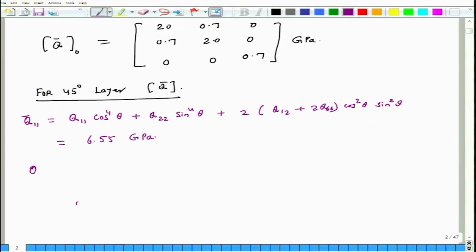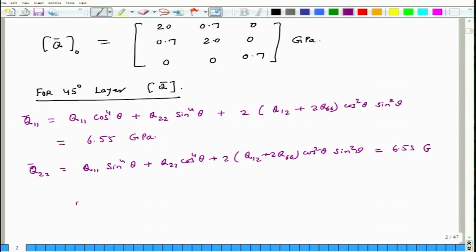Similarly, Q22 bar is Q11 sine 4 theta plus Q22 cosine 4 theta plus 2 times (Q12 plus 2 Q66) cosine square theta sine square theta, and this is also the same, 6.55 GPa.